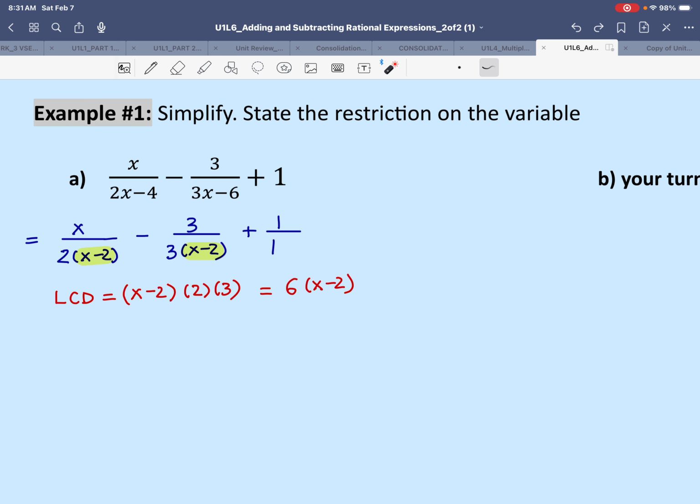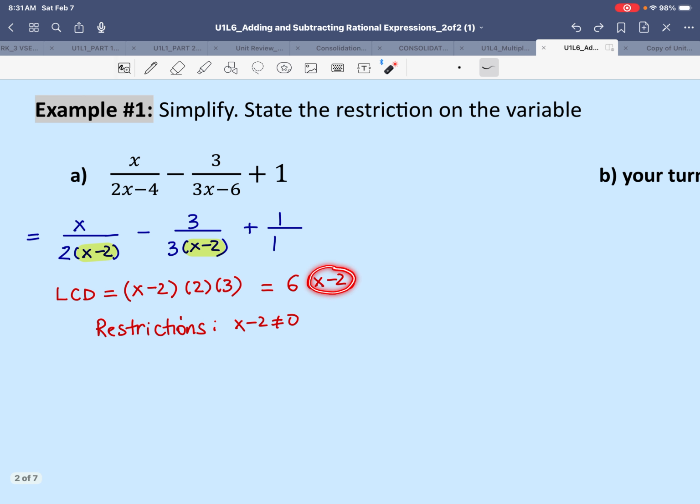Now, right after you state the lowest common denominator, we take care of the restrictions. The denominator cannot equal 0, and the only part of the denominator that will make it 0 is the factor x minus 2. So we're going to say x minus 2 different than 0, therefore x has to be different than 2.